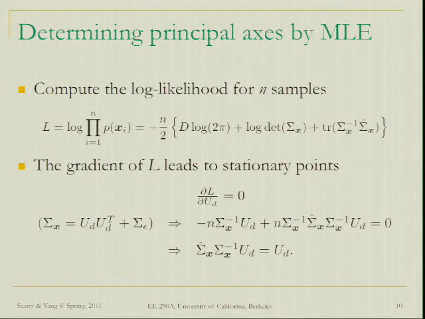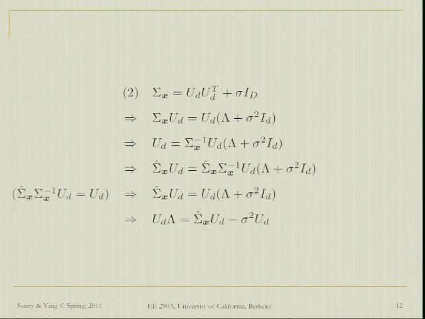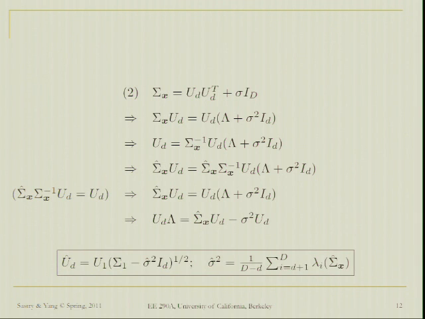And of course, after you find a stationary point, you also have to verify if this is a minimum or a maximum. Nonetheless, after some derivation we went through last time, we get two closed form solutions for the estimation of the basis of the subspace U_d, and also the estimation for sigma squared. Okay, so that's what we discussed last time.